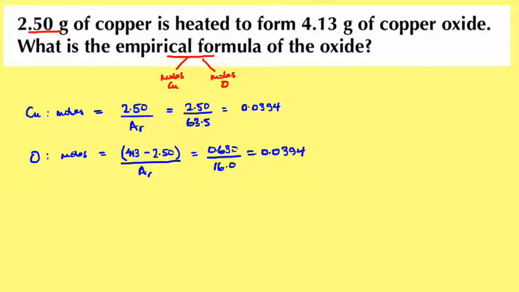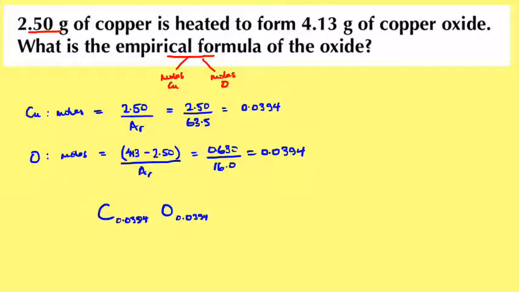Okay, so now we've got the moles of both, and we just have to convert those moles into a molar ratio to give us our empirical formula. Okay, so let's do it the long-winded way. I think you can see what the answer is going to be already, but let's do it the long-winded way anyway. We've got copper, 0.0394, and we've got oxygen, 0.0394 as well. And we look at the smallest one.